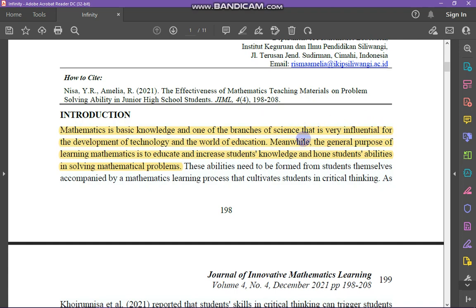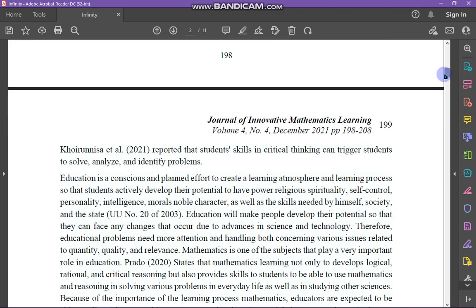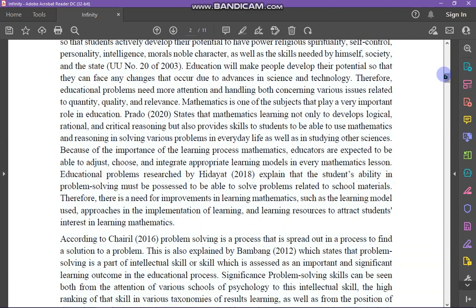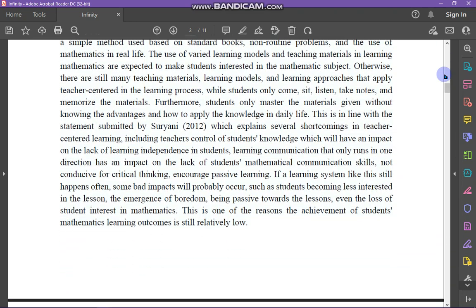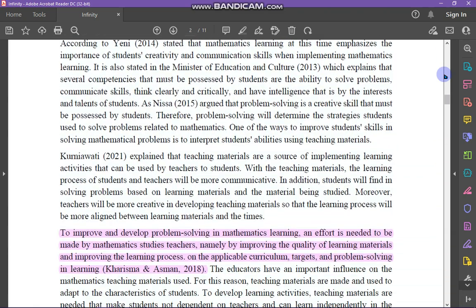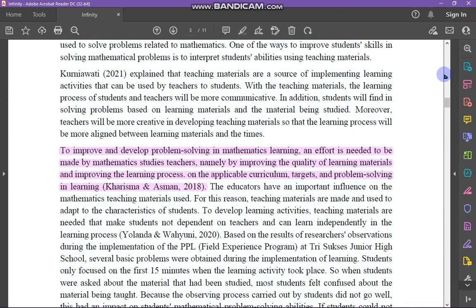This is the opening of the introduction, explaining the general definition of mathematics from the expert's opinion. This is the introduction, and then this part is why the students have a problem with problem-solving skills in learning mathematics.